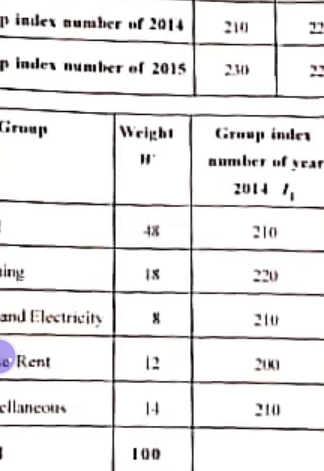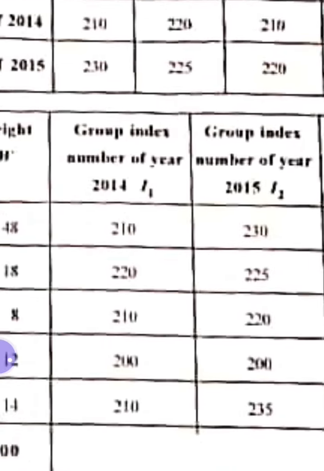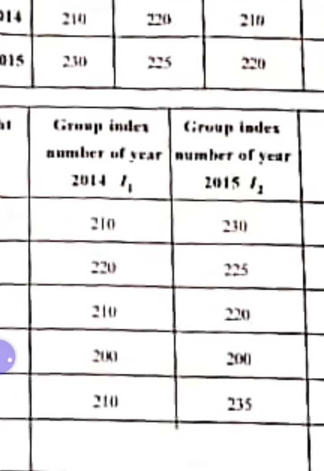Then the group index number of 2014, our I1, is 210, 220, 210 again, then 200 and then again 210. For 2015, the index number, I2, is 230, 225, 220, 200 and 235.